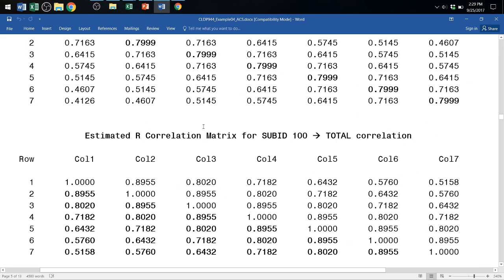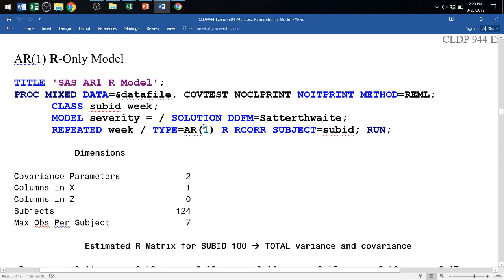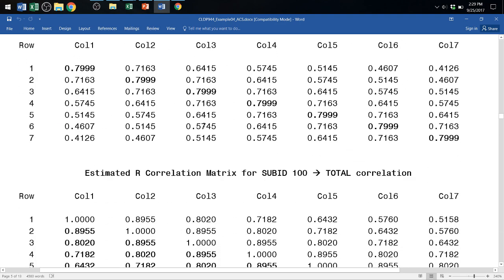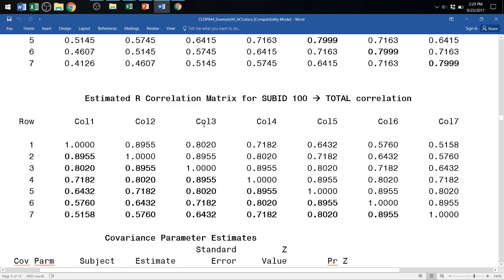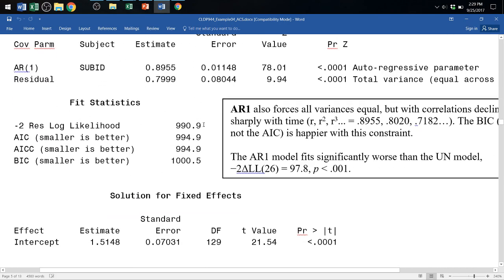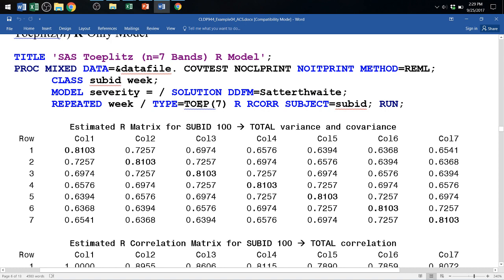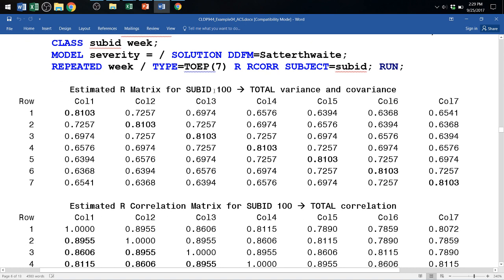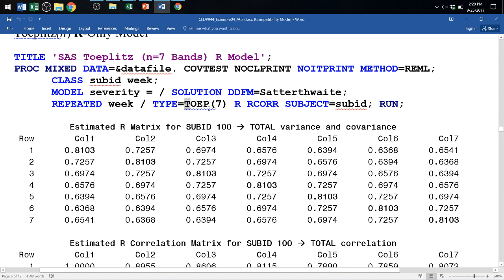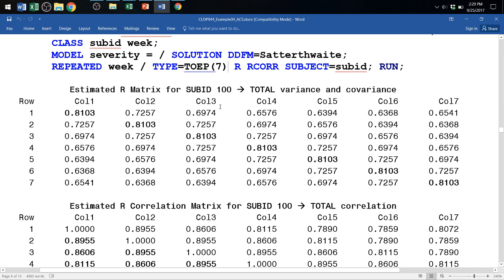I didn't test AR1H because the correlation part didn't fit well, so there's no point saying if it gets better with heterogeneous variances. But I did do TOEPlets. So TOEP, if you don't put anything in parentheses, it automatically gives you the highest order TOEPlets it can, which is one parameter per occasion. This is another homogeneous variance model.